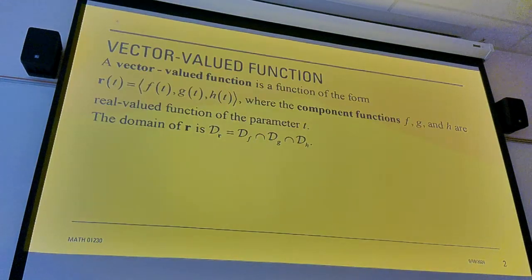So again, for a vector valued function, generally speaking, a domain is not going to be explicitly stated, but it always has a domain. It's important to be able to determine that domain.